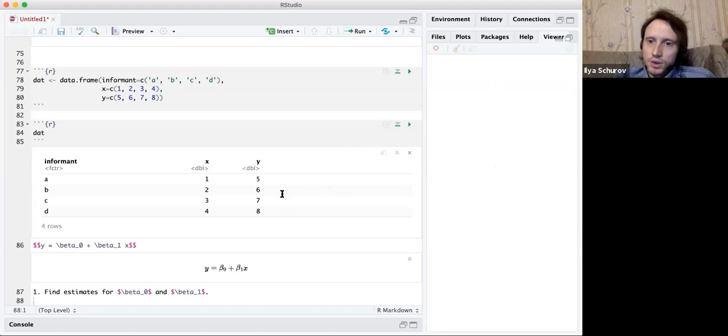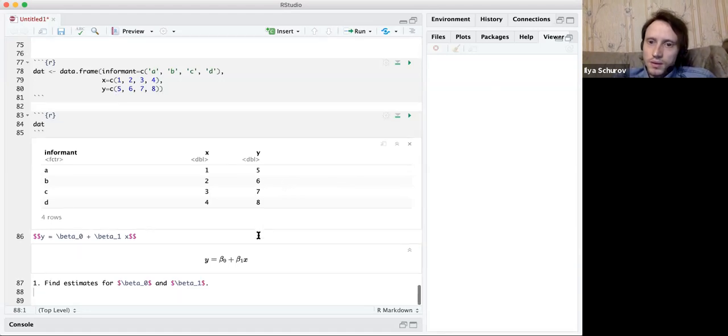So beta naught is 4, or beta naught is 1. Beta 1 is 4. Okay, so there are a lot of different answers. Which one is correct?